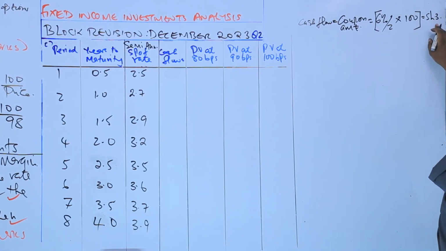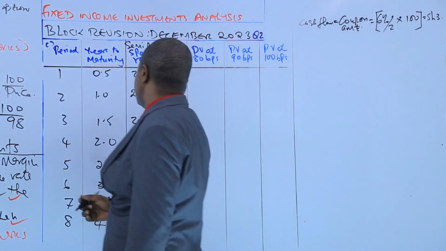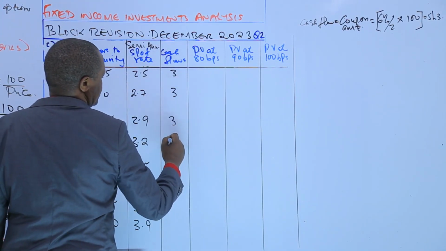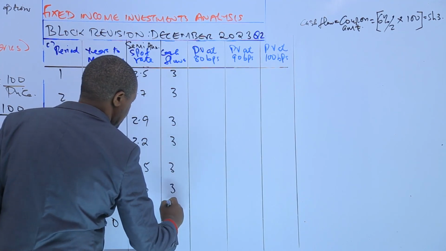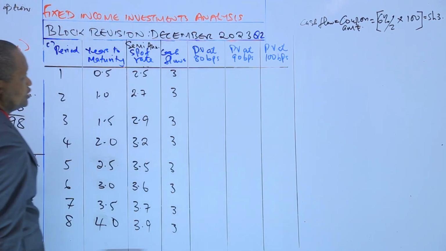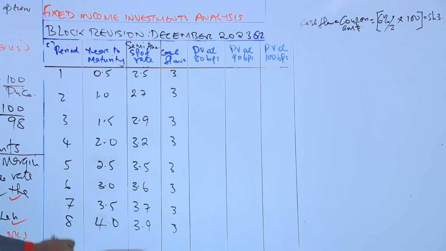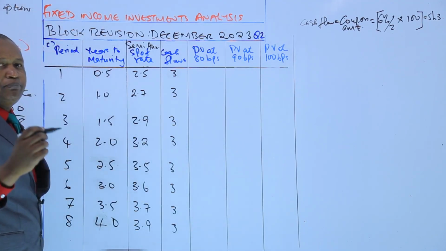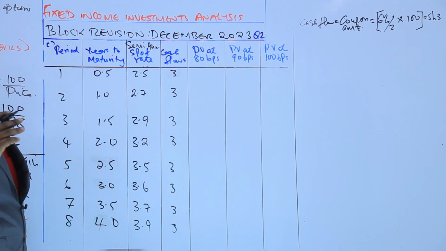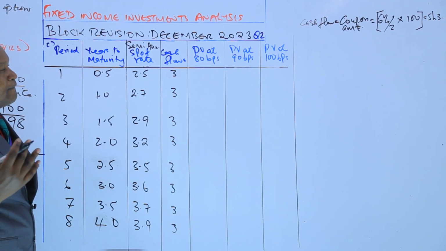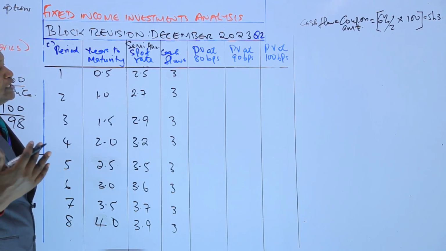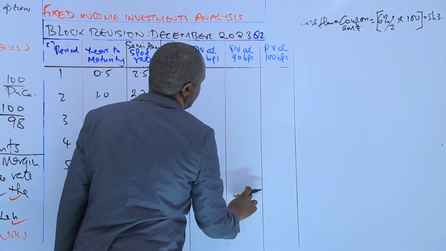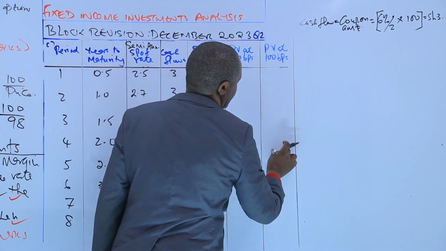This is the cash flow, and it is an annuity. So we are going to run it down from period 1: 3 shillings, 3 shillings, 3 shillings, 3 shillings. That is the cash flow. Then we move on to calculate the present value. The present value assumed at the 80 basis points, then at the 90 basis points, and at 100 basis points.